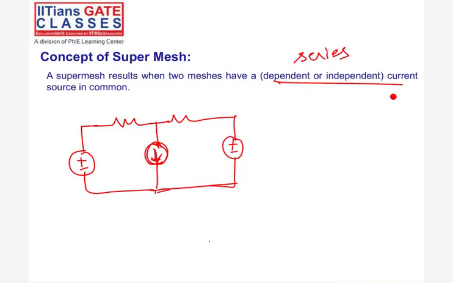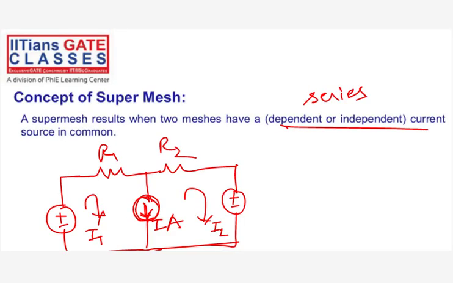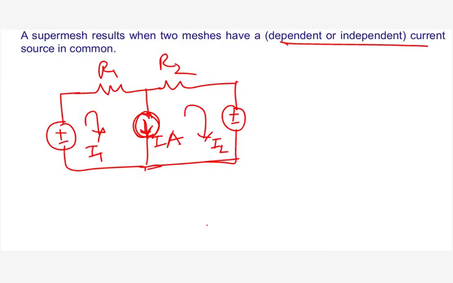All the incoming currents: what are the incoming currents? I1 is coming. So at this point, I1 is equal to I plus I2, or I is equal to I1 minus I2.